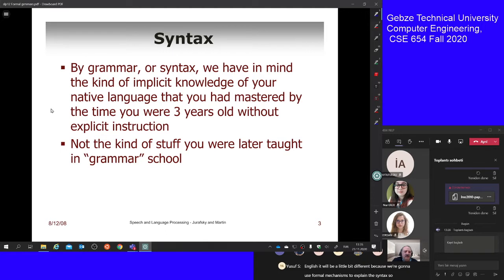So some parts will be similar to what you already know, and some parts will not be that similar. You don't have to know much about grammar or linguistics to understand what kind of grammar we are using. Your basic knowledge about the language, English or Turkish, should be sufficient.